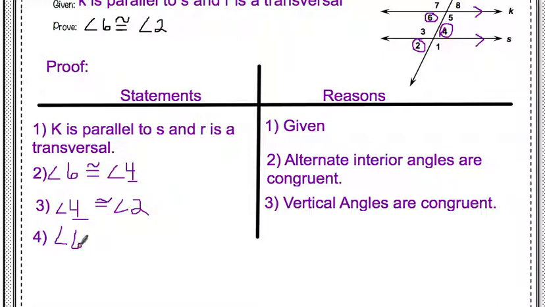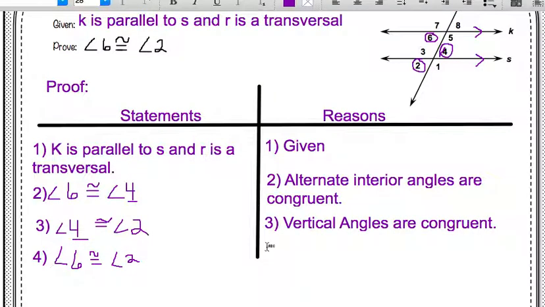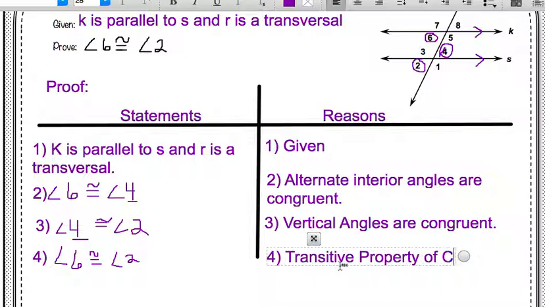My mistake there was I forgot to look back at what I was trying to prove. These are congruent by the transitive property. My mistake really was 6 and 2 were not alternate interior angles, so that was my bad. This is the transitive property of congruence. All right, thank you so much for watching.